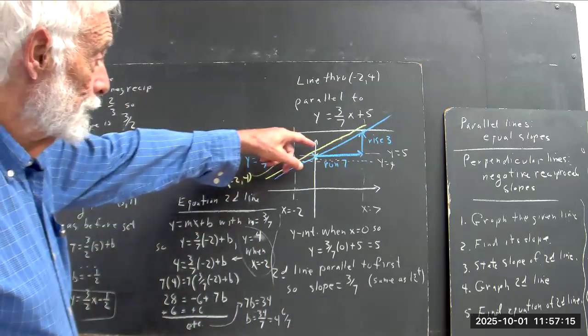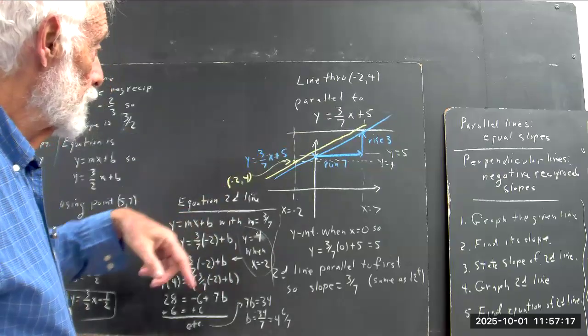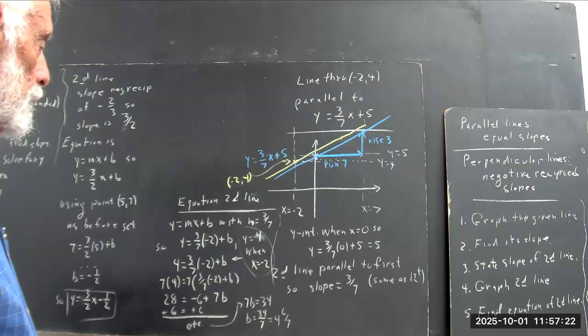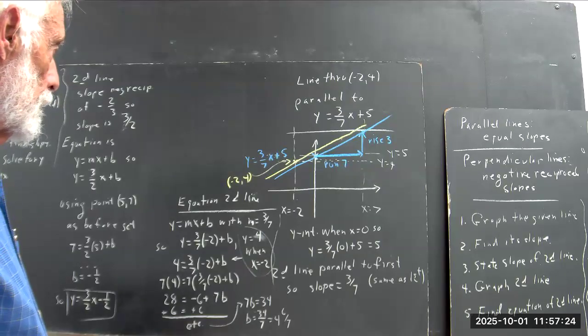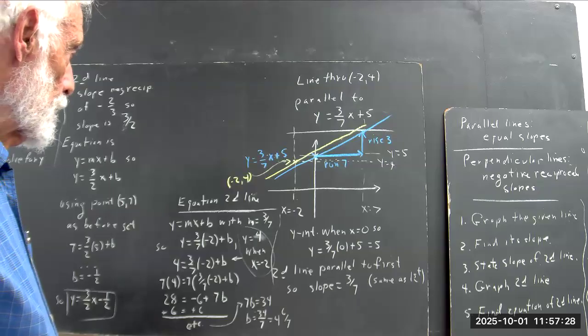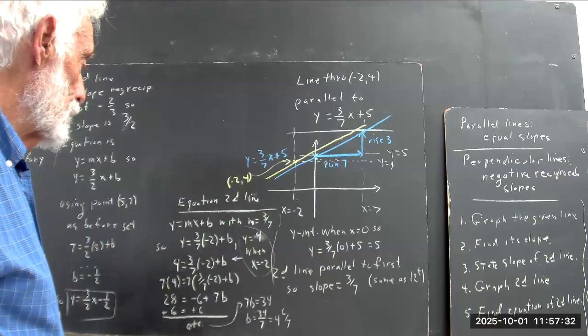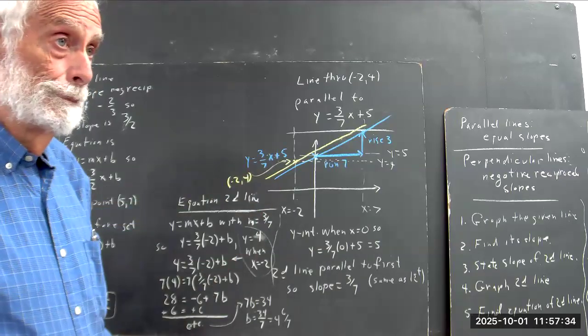Now, does that make sense? Okay, the y-intercept here looks like this yellow line should be below the blue line.